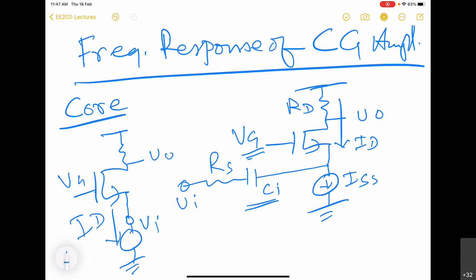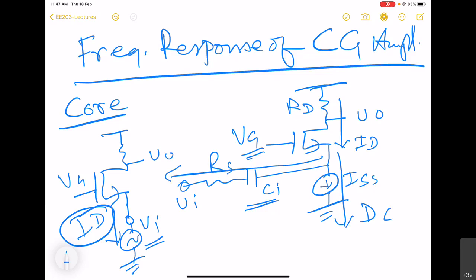Suppose we do not want this DC current to flow through this time-varying input supply, then we will have to provide one path for DC and a separate path for AC. So that is how this will be done here, what we have shown here.